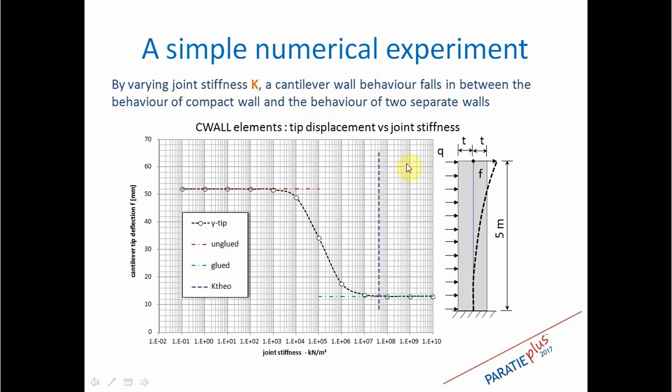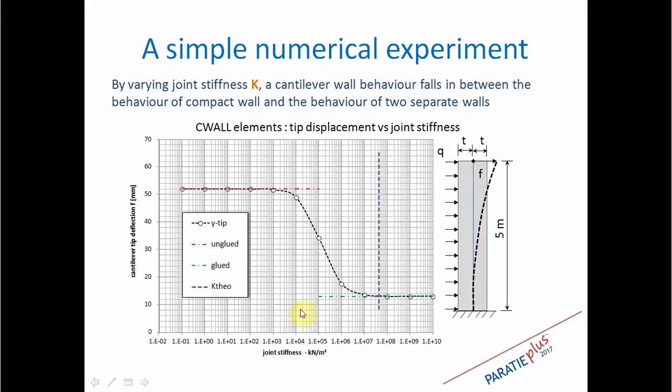To assess the capability of the element, here you can see a simple numerical experiment in which we took a cantilever and applied a uniform load, and we see that if the stiffness of the joints is very low, the solution is asymptotically equal to the solution corresponding with the bending inertia of just the sum of the inertia of the two legs. So we may have a deflection calculated by these formulas.